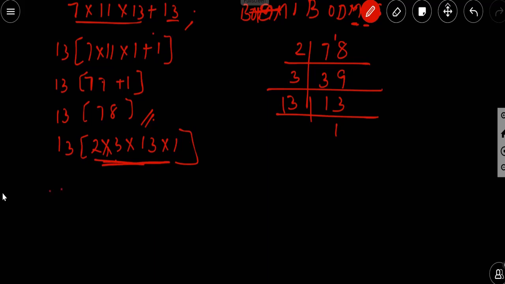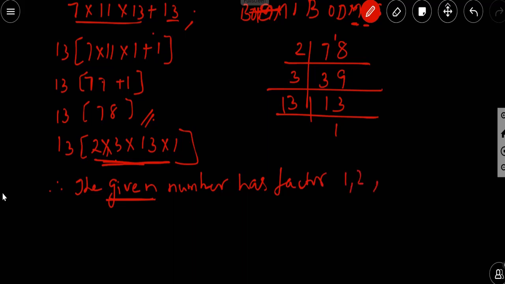Therefore, the given number, or given expression, has factors 1, 2, 3 and 13.